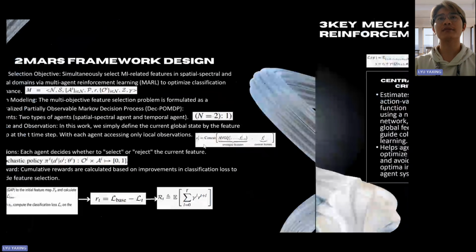The cooperative policy leverages shared rewards and the counterfactual baseline to align agent strategy with global objectives, fostering implicit collaboration and balancing spatial, spectral, and temporal feature selection for better performance.